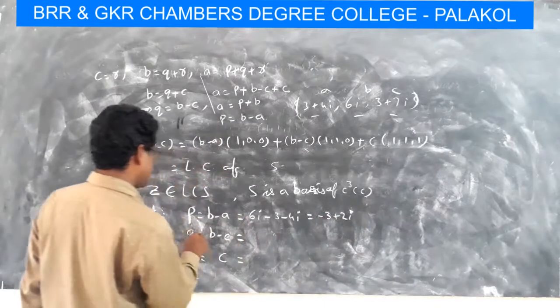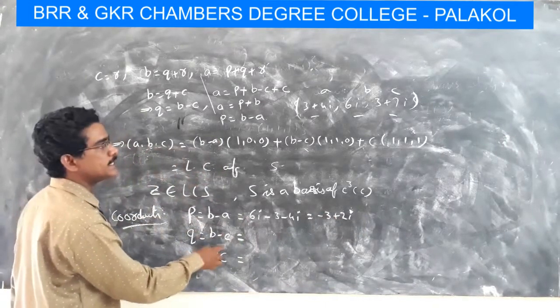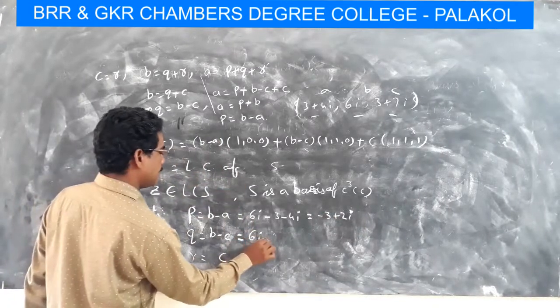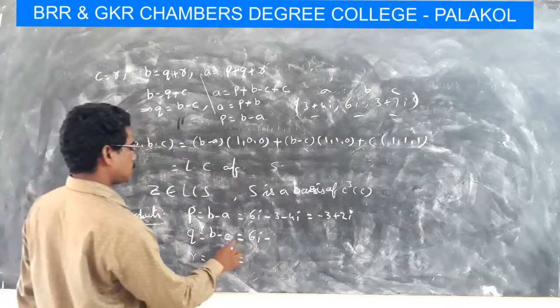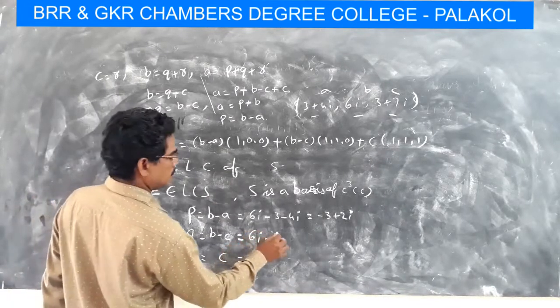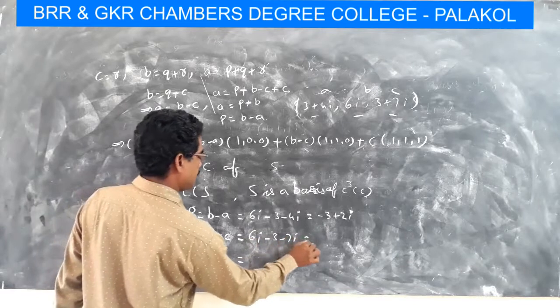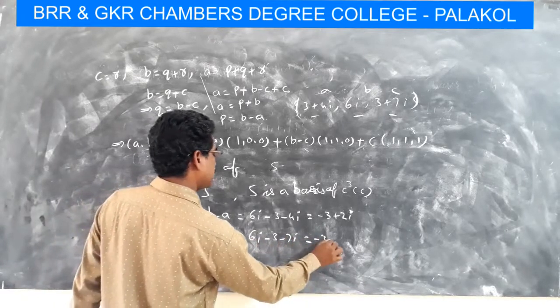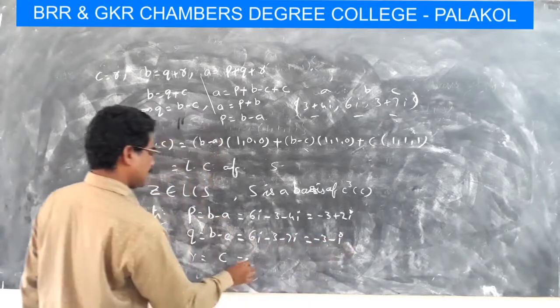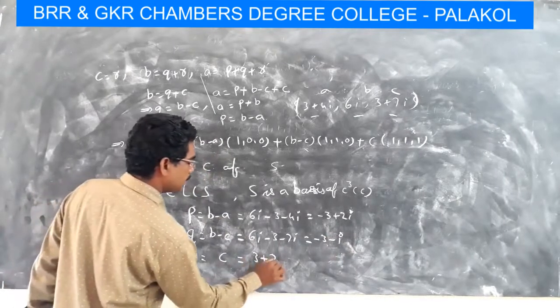Next Q equal to B minus C, that is 6i minus 3 minus 7i, finally minus 3 minus i. Next R equal to C, that is 3 plus 7i.